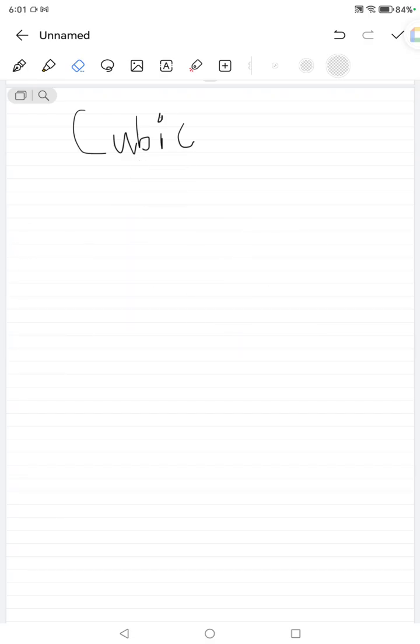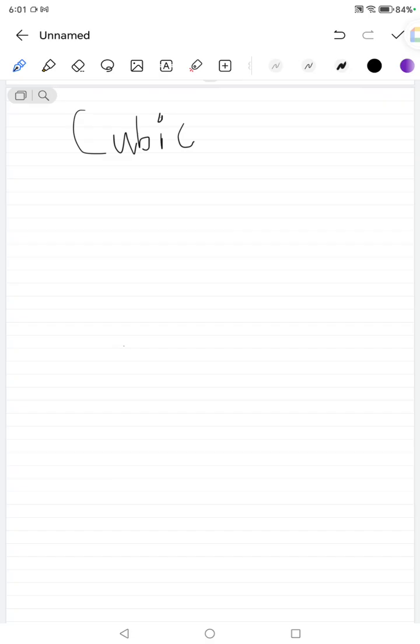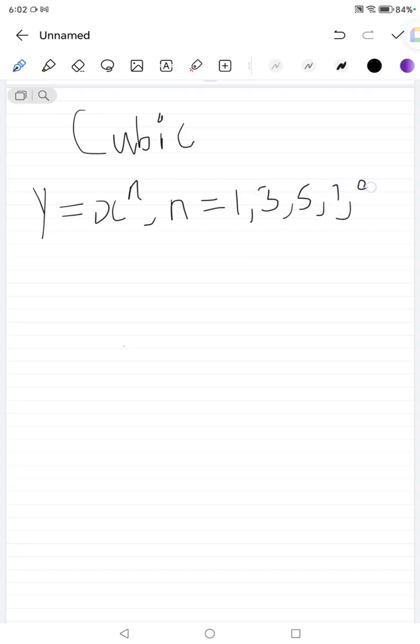You know them by the exponents, which are odd numbers: 1, 3, 5, 7, 9, and so on.